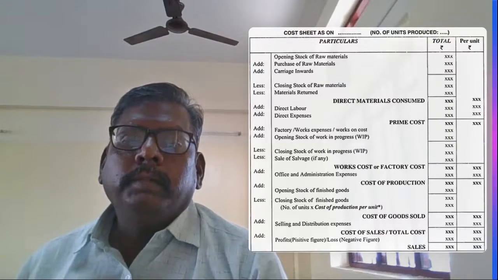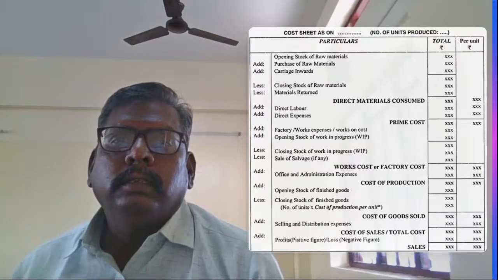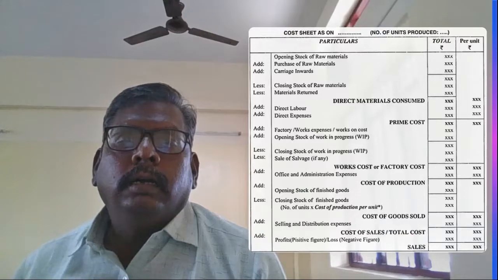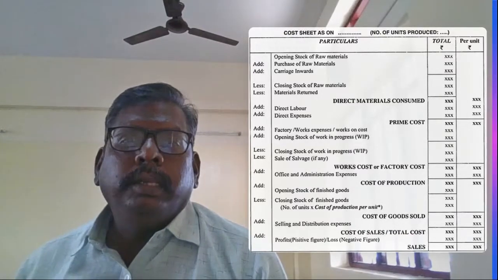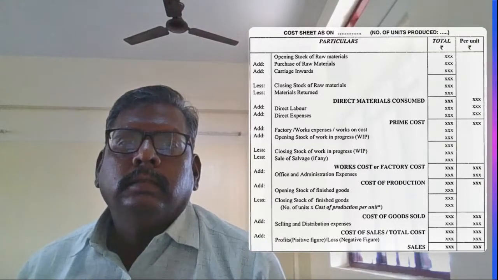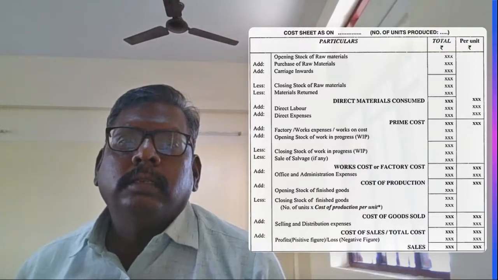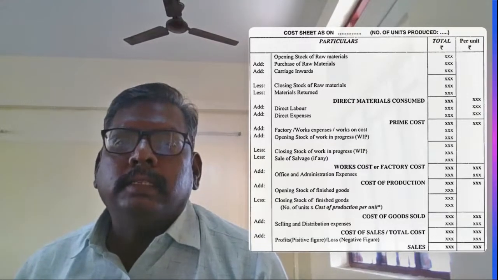So now let me explain these things from this format. I told you about the prime cost first. What is prime cost? Prime cost is nothing but the direct materials.